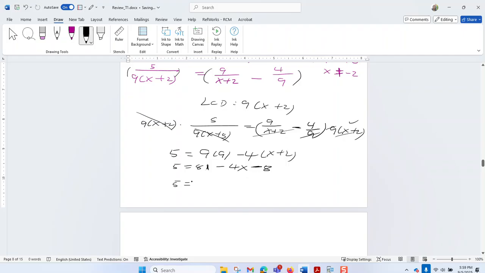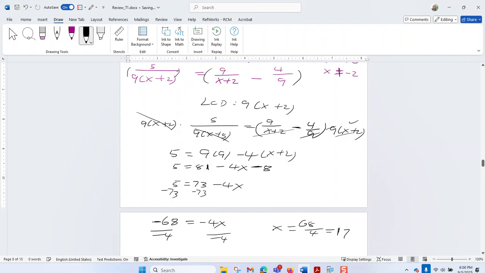Then we subtract 73 on both sides, so we have negative 4x equal to negative 68. Divide both sides by negative 4, so x will be positive 68 divided by 4. 68 divided by 4 will be 17, right? Yeah, x equal to 17.